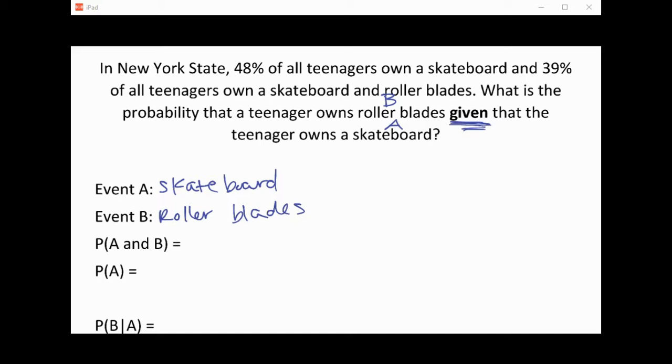Anyway, so this one gives you the probabilities. The probability of someone owning a skateboard, which would be the probability of A, is 0.48. A and B, so skateboard and rollerblades, is 0.39.